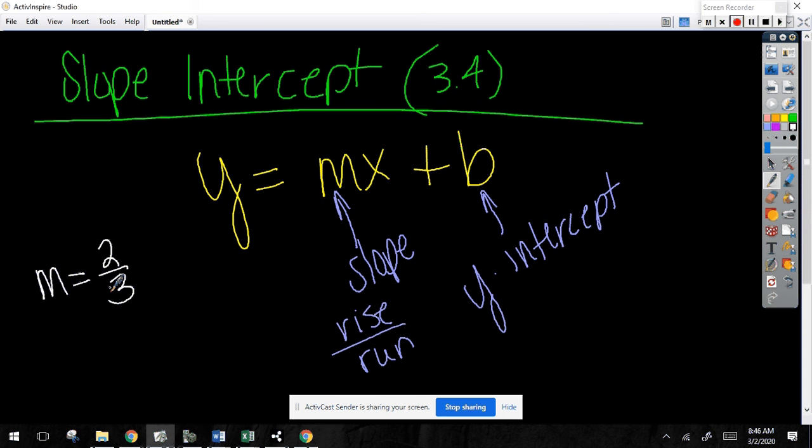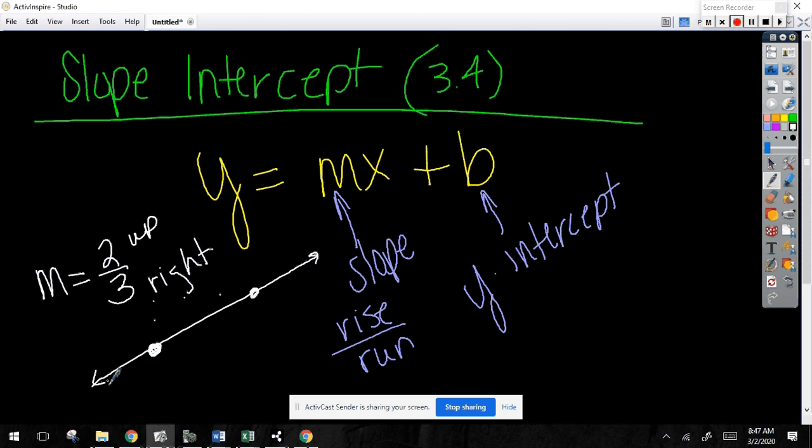That means from every point on my line, how do I get to the next point? Up 2 and right 3, right? 1, 2, 1, 2, 3.